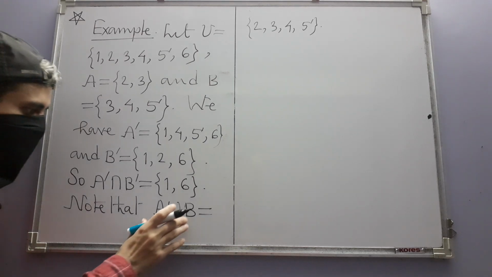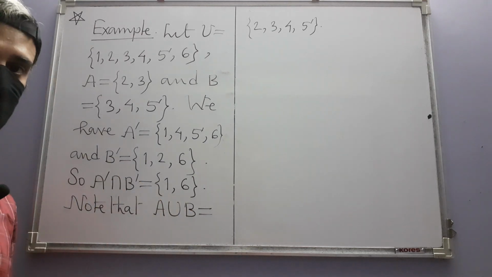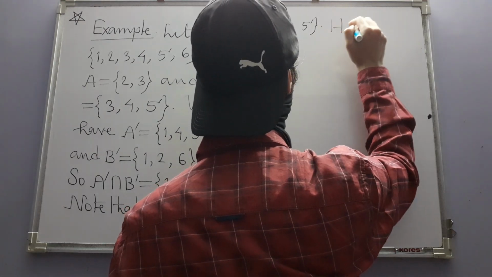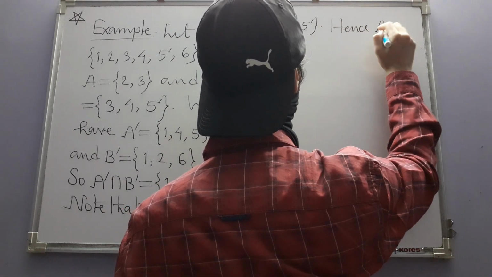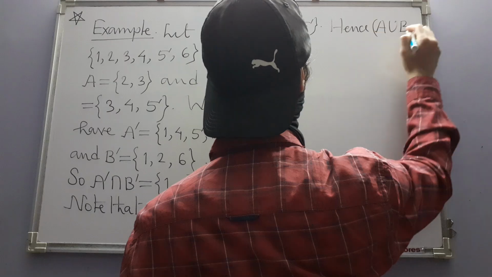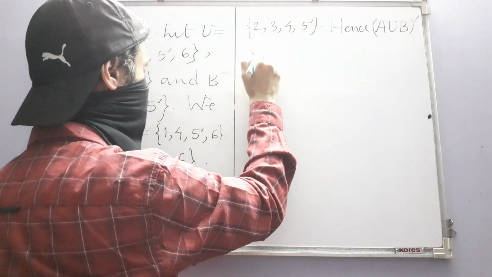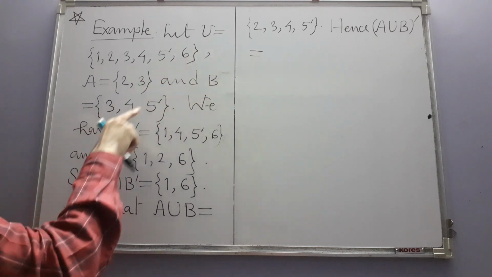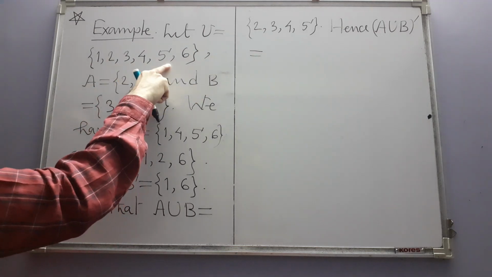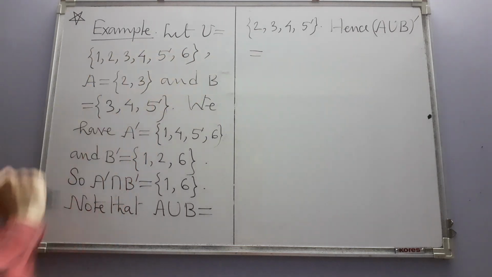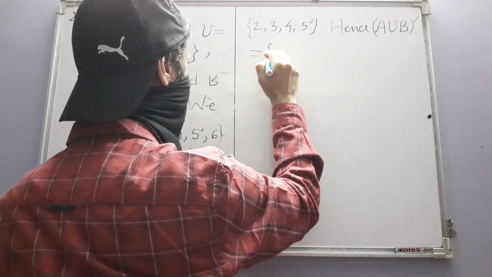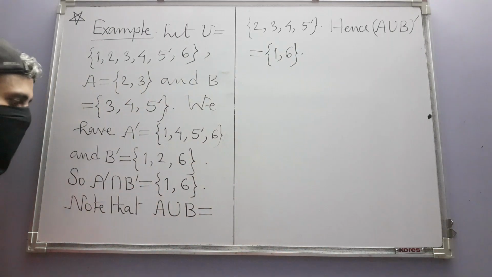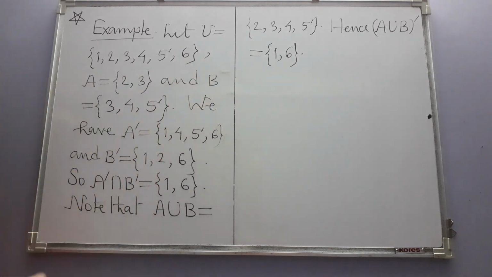Now, if one calculates the complement of A union B, hence A union B complement, then from U, you have to remove those elements 2, 3, 4 and 5. So, you will be left with 1 and 6. And it turns out that this is exactly that set.